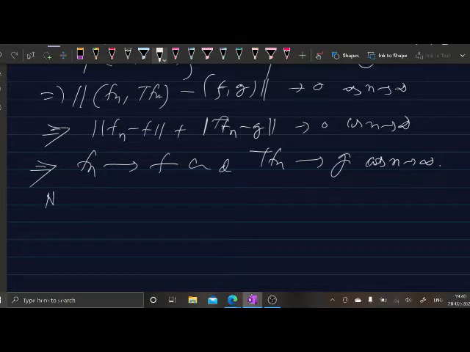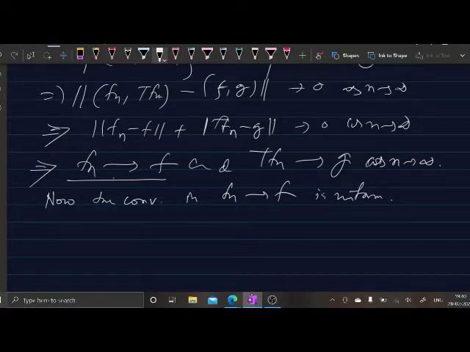Now if you look at this convergence, this convergence is with respect to the sup norm in X. So that means the convergence is a uniform convergence.